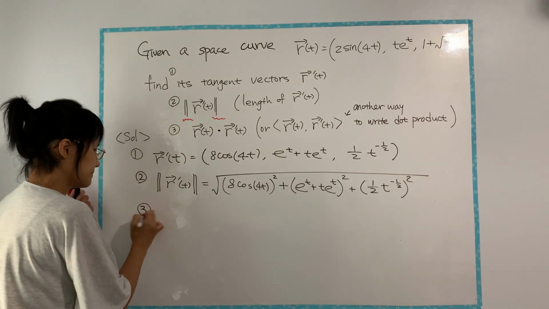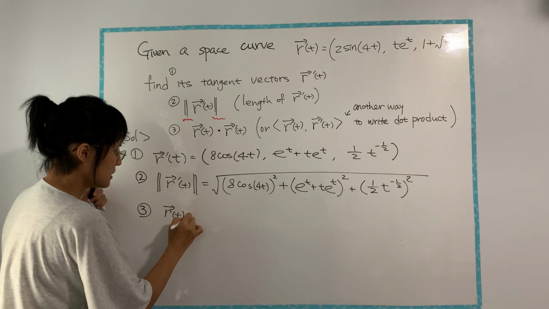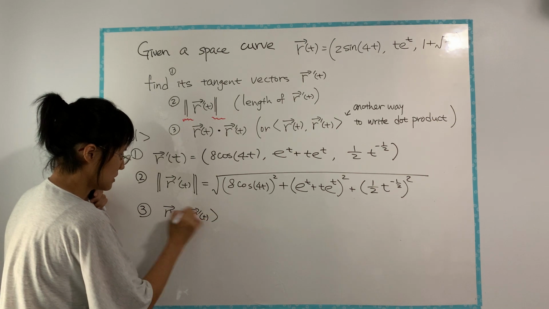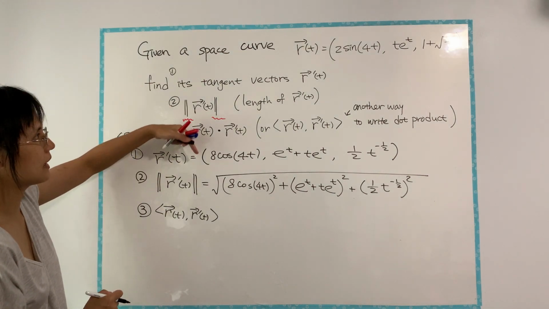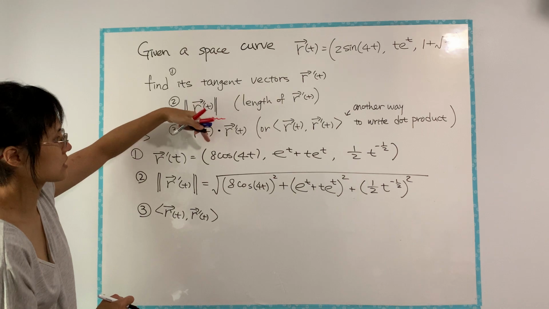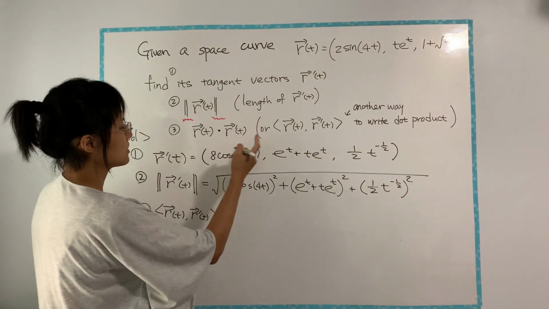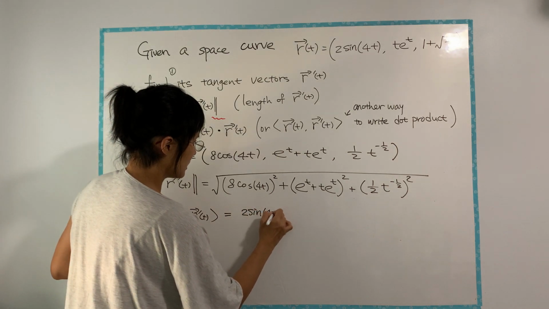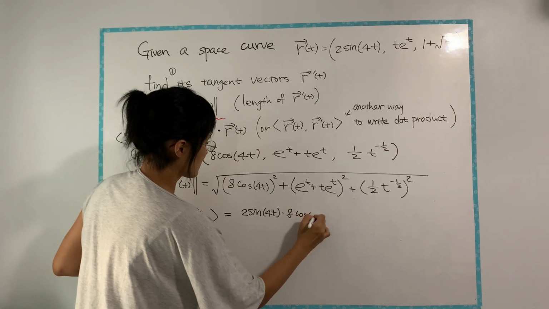3. I want to do r of t dot r prime of t. What's the rule for the dot product? You multiply two vectors component by component and sum them up, right? So the first one, I have 2 sine of 4t times 8 cosine of 4t.